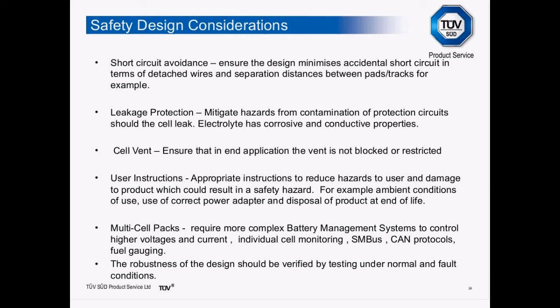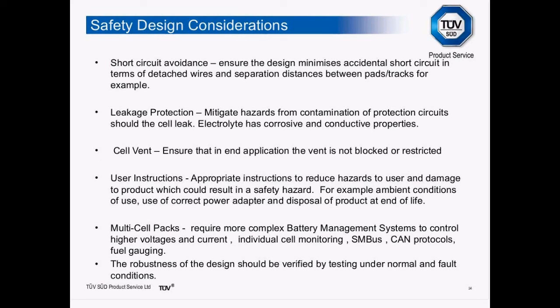Another thing is leakage protection. If the battery cell leaks, the electrolyte that's present is corrosive and conductive. So if there's no segregation between the cell and the protection circuitry, you've got the potential for the electrolyte to corrode or create short circuits on the protection module, and so defeat the purpose of it.